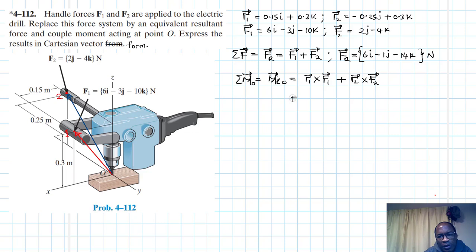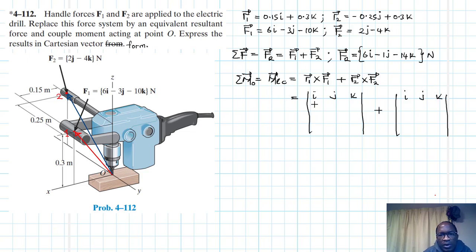Great. So let's write this, we feed it in our tools. These are tools, I normally call them tools to make our work easier. So we have i, j, k, i, j, k.